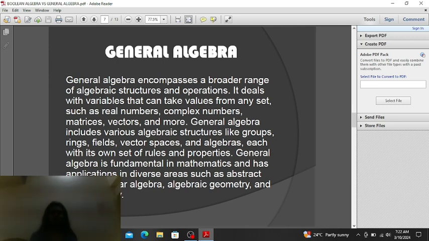General algebra also includes various algebraic structures such as groups, rings, fields, vector spaces, and algebras, which follow rules as we saw in Boolean algebra, but here it has its own set of rules and properties. General algebra is fundamental in mathematics and has applications in diverse areas such as abstract algebra, linear algebra, algebraic geometry, and cryptography.